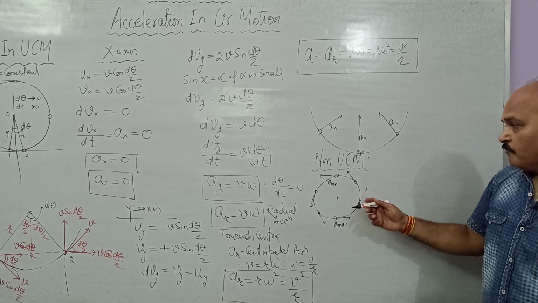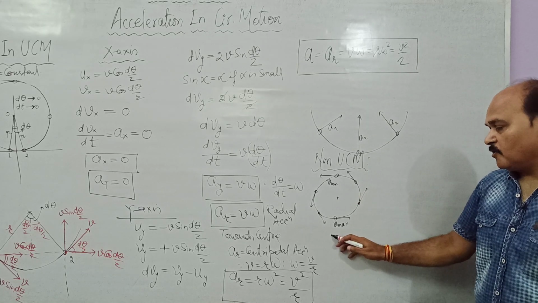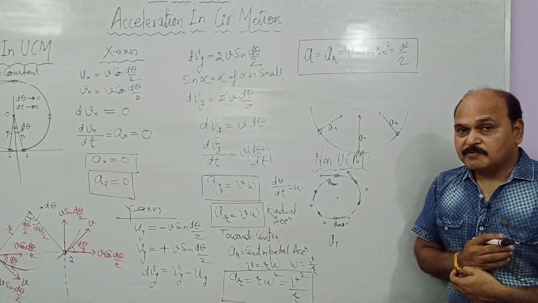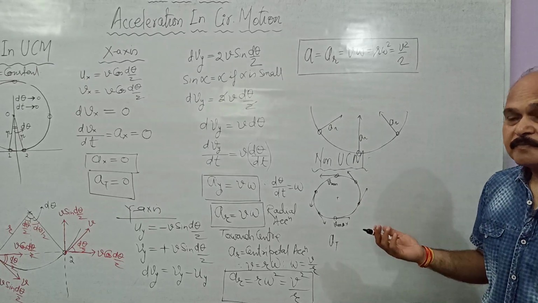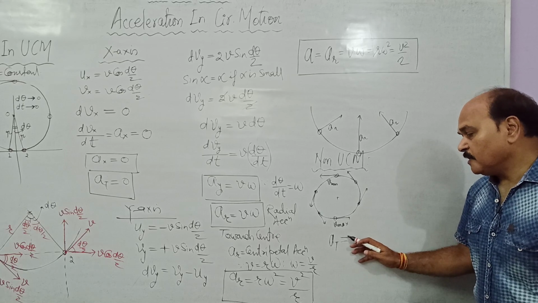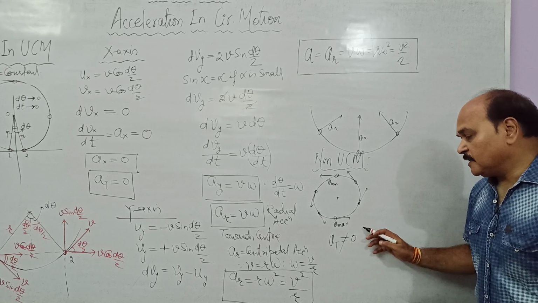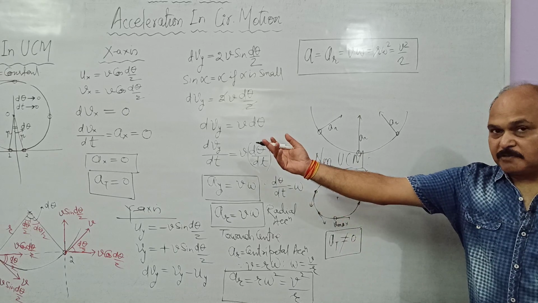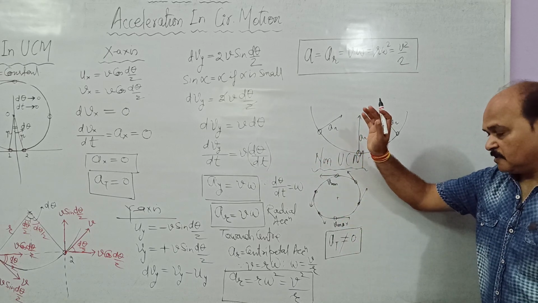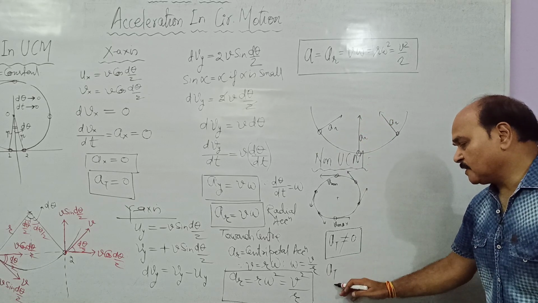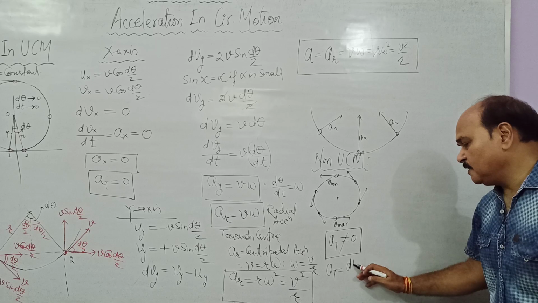So we already know that tangential acceleration is rate of change of speed, and speed here is a variable. Therefore we do have a non-zero value of tangential acceleration, unlike uniform circular motion where there is no tangential acceleration. So we do have non-zero value of tangential acceleration, and that is dv by dt.